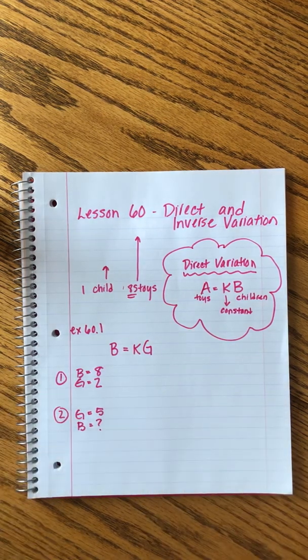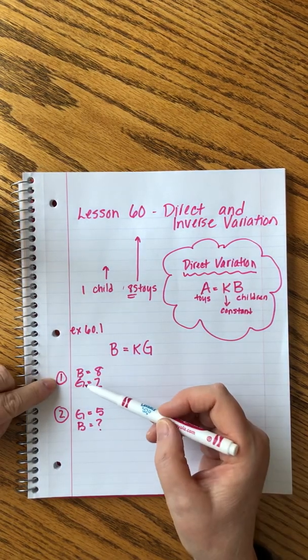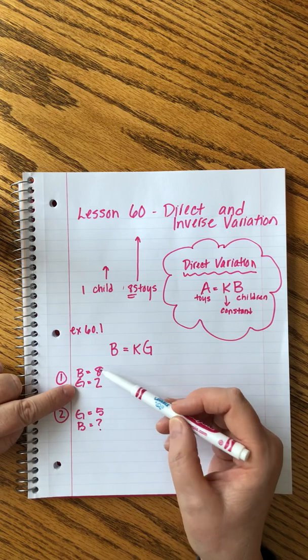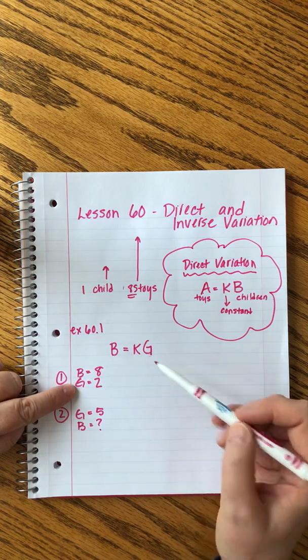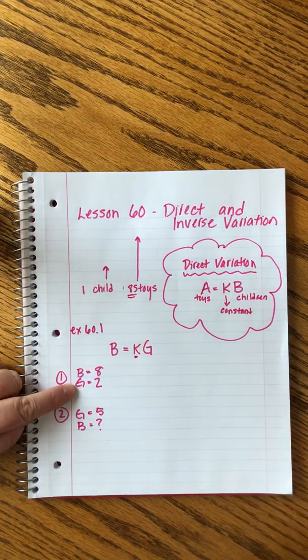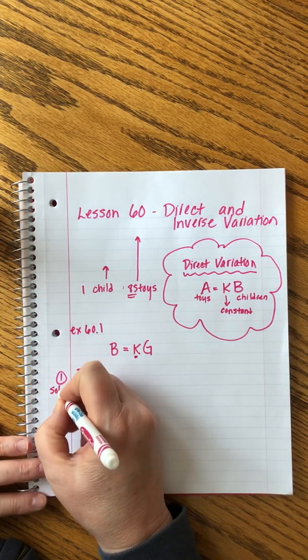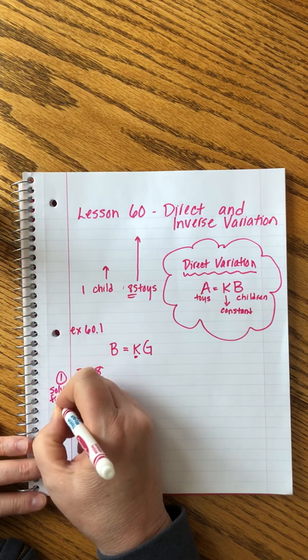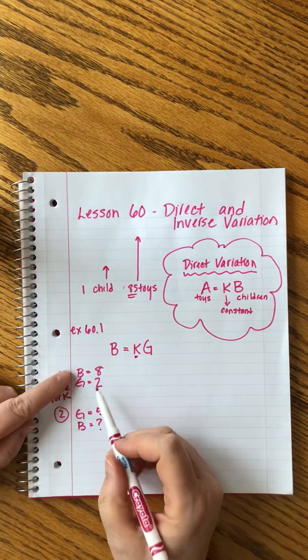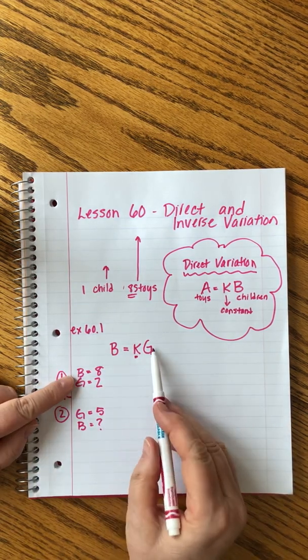I would have flipped the order of that, but it's okay. So we're getting 2 scenarios. The first scenario is going to give us information about the boys and the girls. That will allow us to solve for K. So that's our first step, is to solve for K. That's why we get both of these numbers, because we want to be able to solve for K.